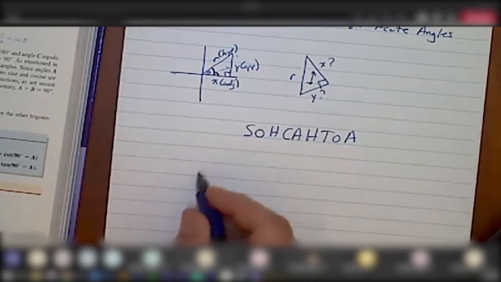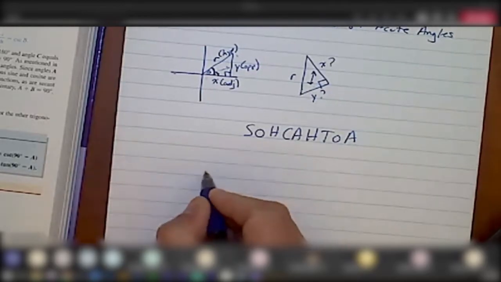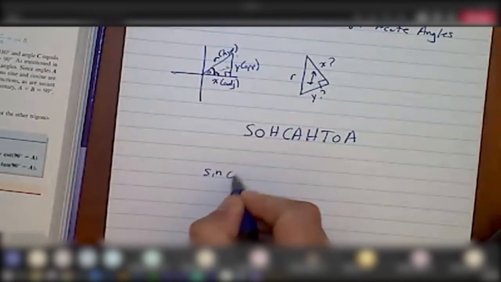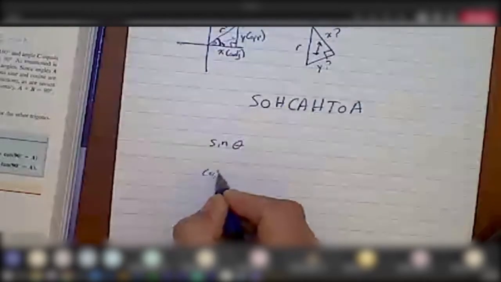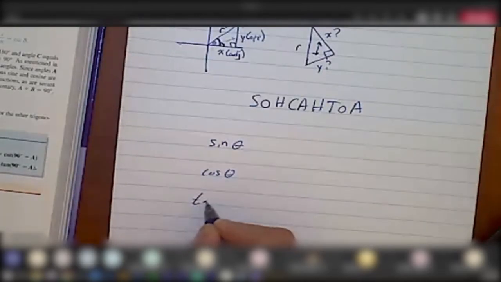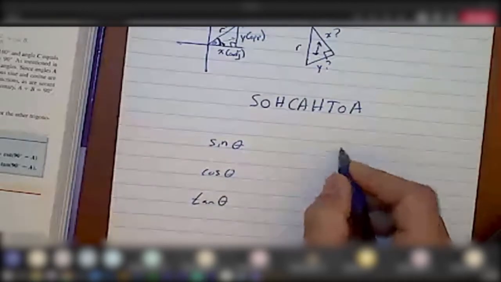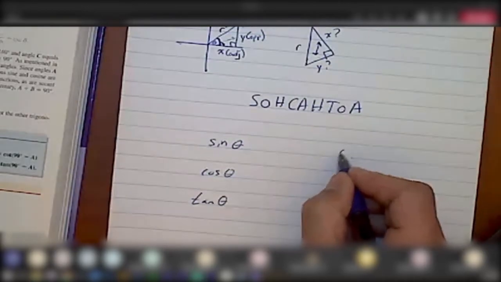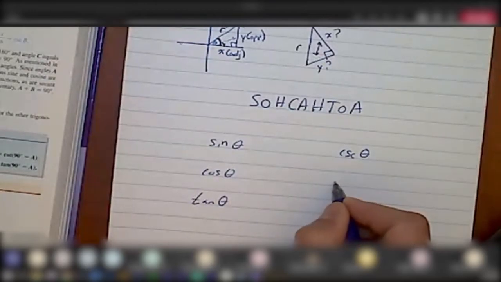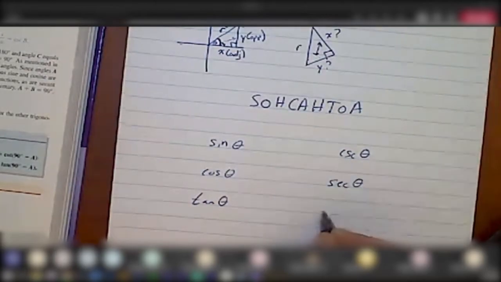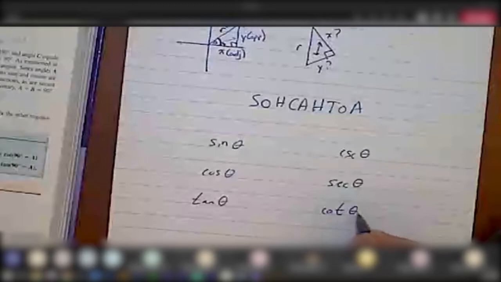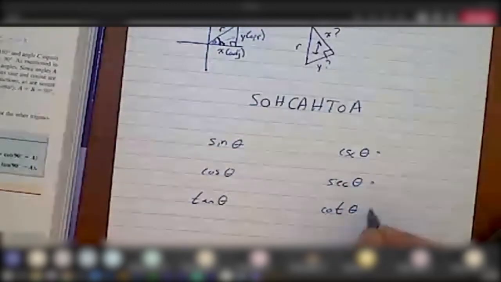Okay, so I'm going to write my 6 trig functions. Sine of theta, cosine of theta, tangent of theta. Their reciprocals: cosecant of theta, secant of theta, cotangent of theta. Am I going too fast?